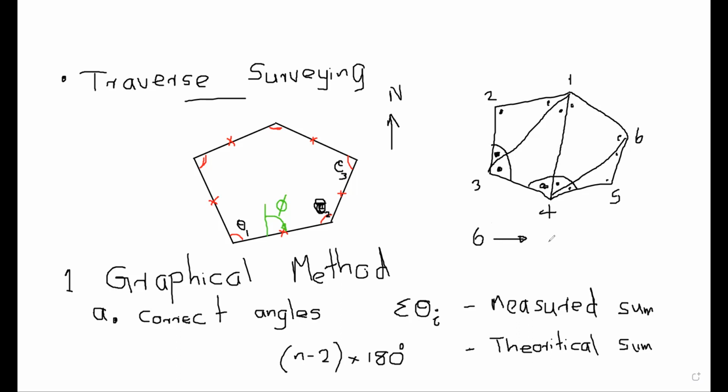Sorry, 6 nodes will create 4 triangles. So that's why you have n minus 2 number of triangles. Each triangle is 180. Therefore, the sum of all the internal angles should be equal to this.